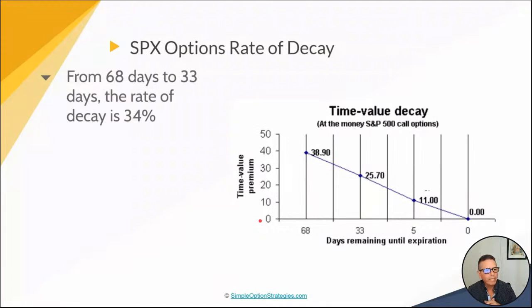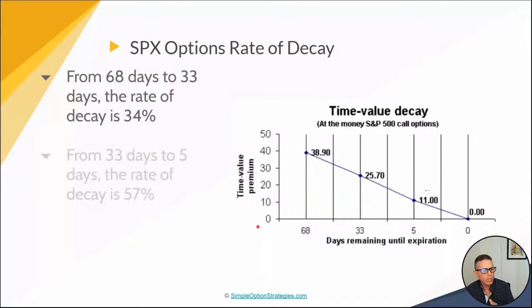From that point, it decays by 34%. Basically, if you put on that option, it'll lose 34% of its value during that period of time, during those 68 to 33 days.